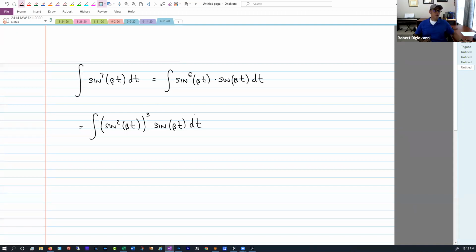Okay, now I can turn that sine squared beta t into 1 minus cosine squared beta t, but all of that still has to be cubed. All of it.